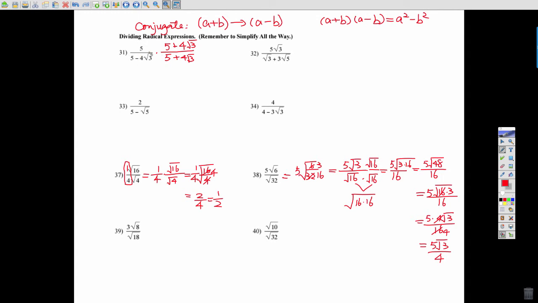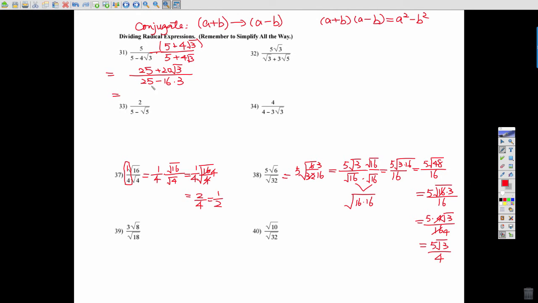So now if I multiply these two together, I would have a squared, which is 5 squared, which is 25, minus b squared, which is 4 squared, which is 16, and root 3 squared is just 3. Now, see, I all of a sudden got rid of the radical, and upstairs I have to distribute the 5. 5 times 5 is 25, plus 5 times 4 root 3 is 20 root 3.